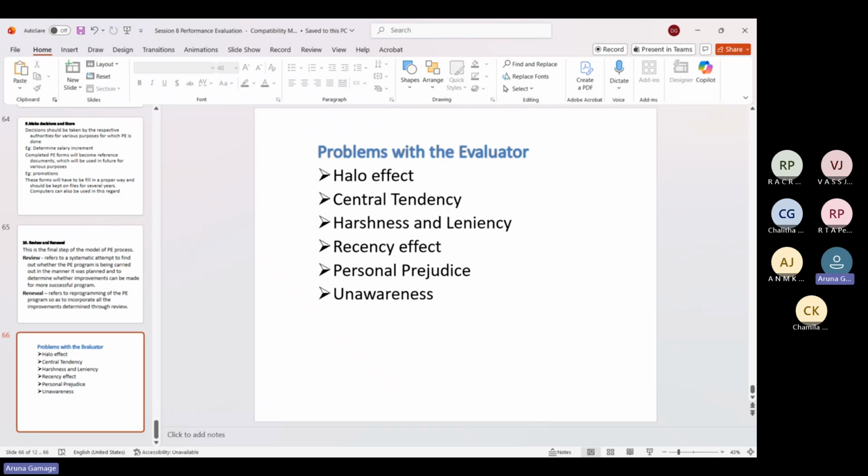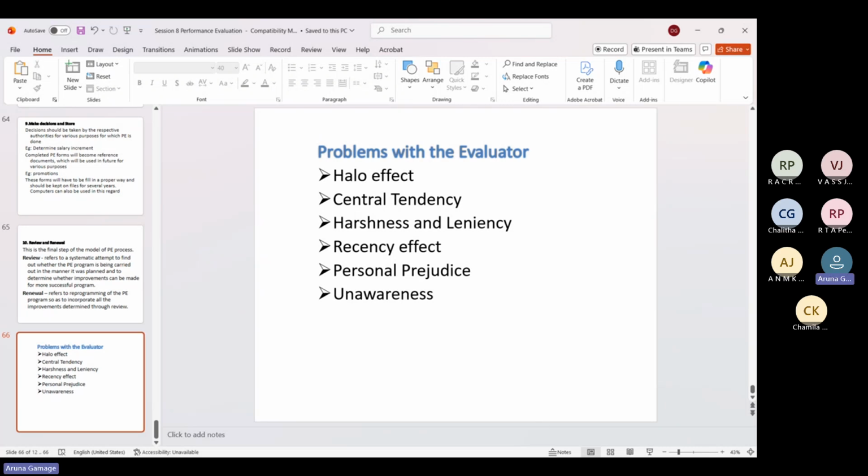Yes, anybody? Do you remember? This problem may occur on the part of the evaluator. Even in your organization, some evaluators make this mistake.